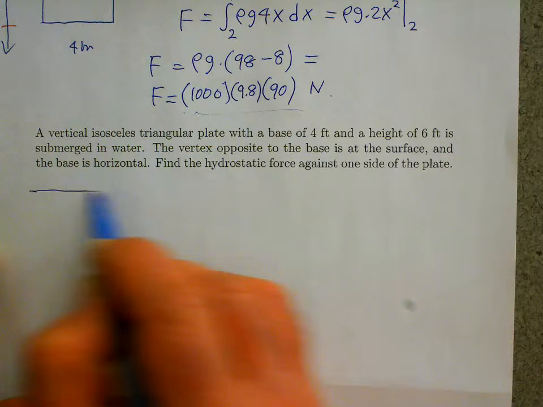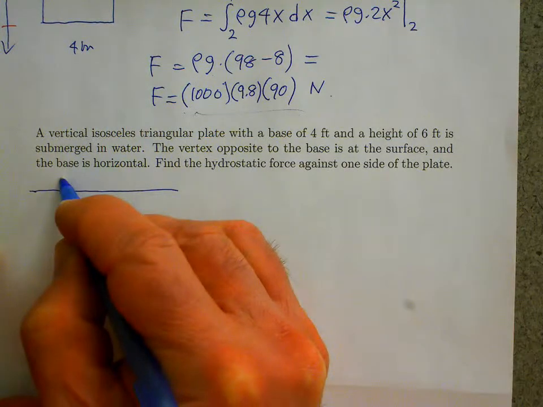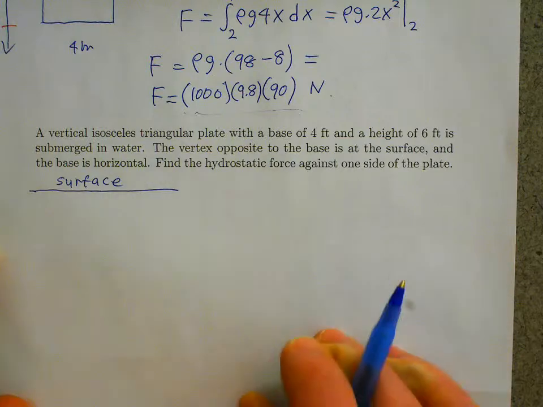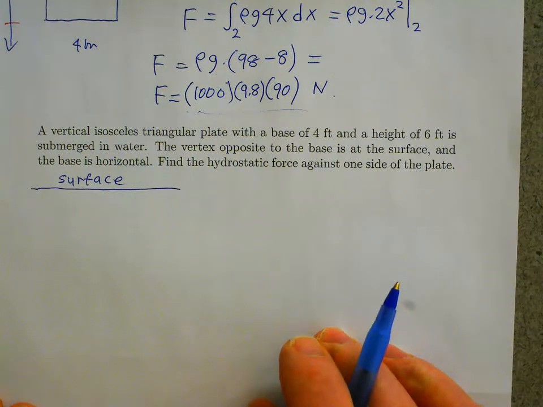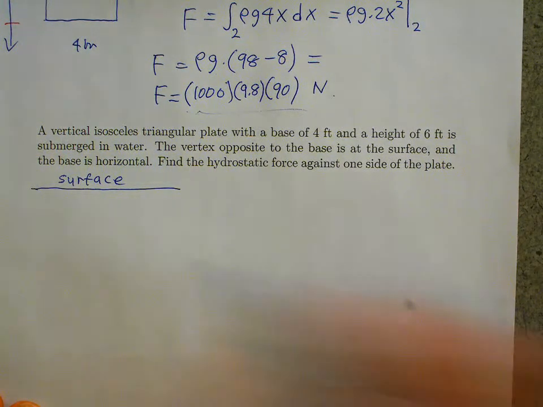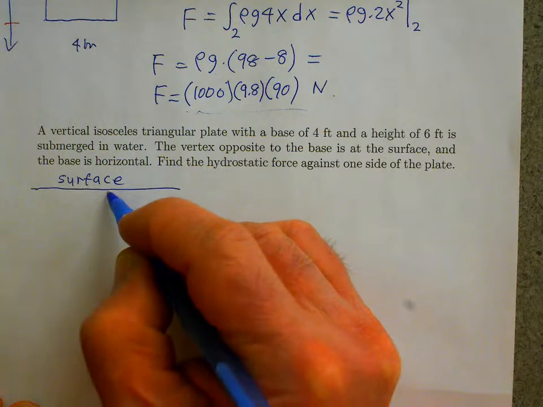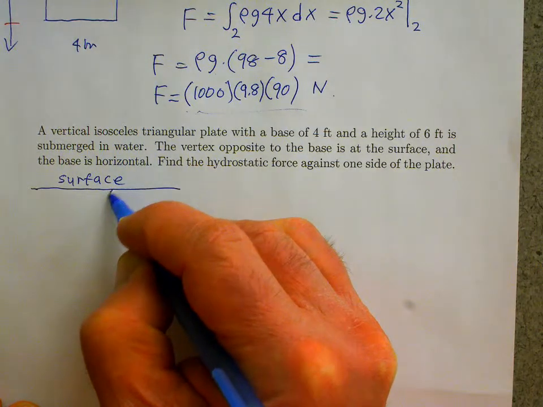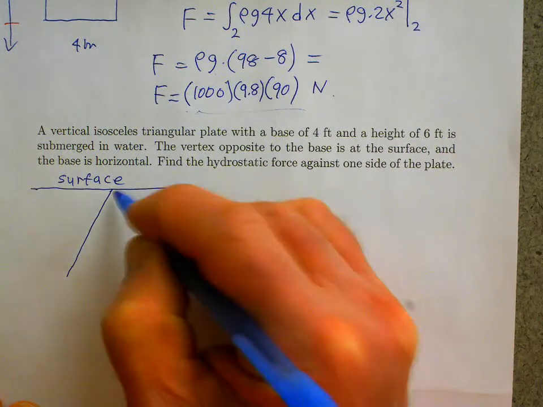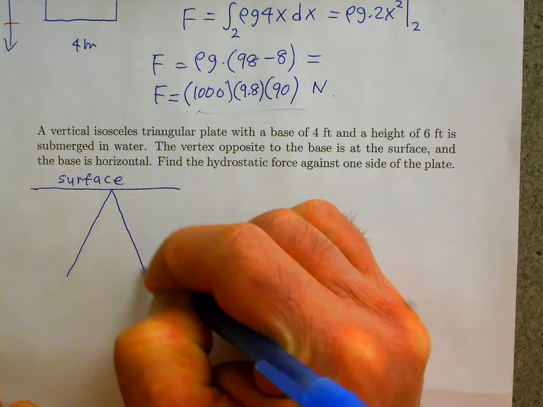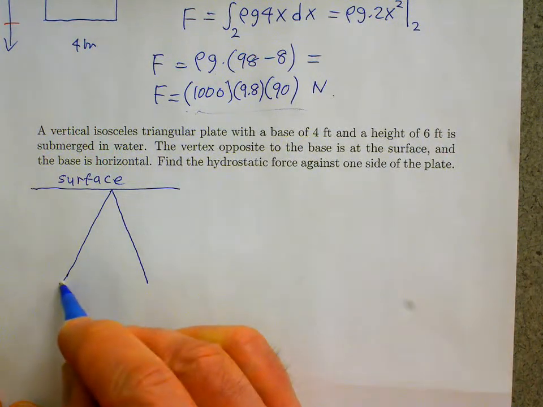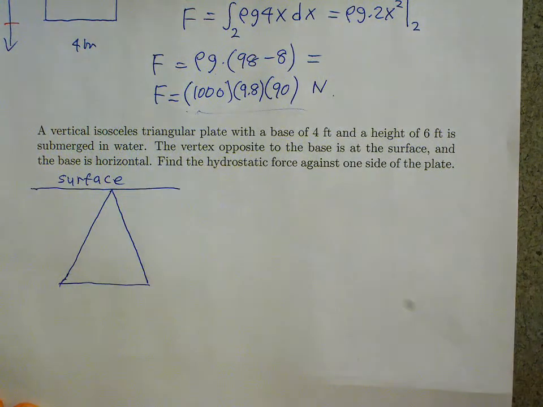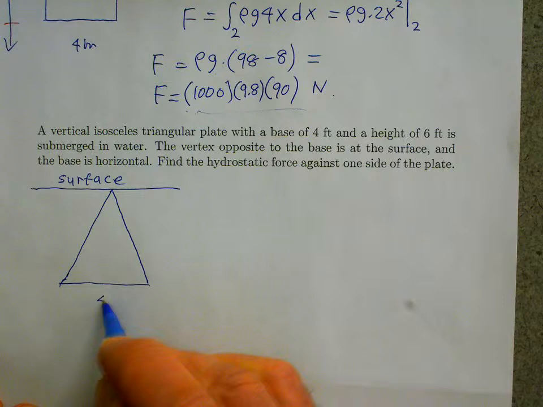Okay, so we have our water surface. I'll just say surface. And a vertically oriented isosceles triangle, something like this. The base is 4 feet.